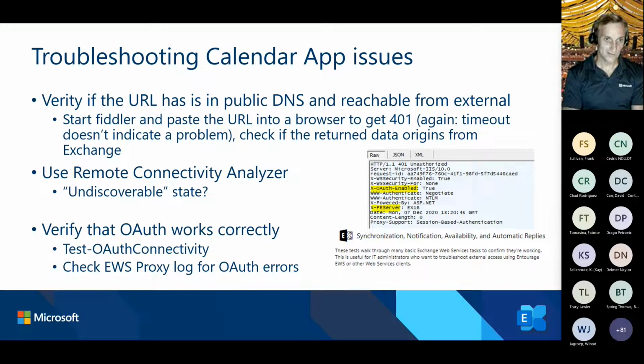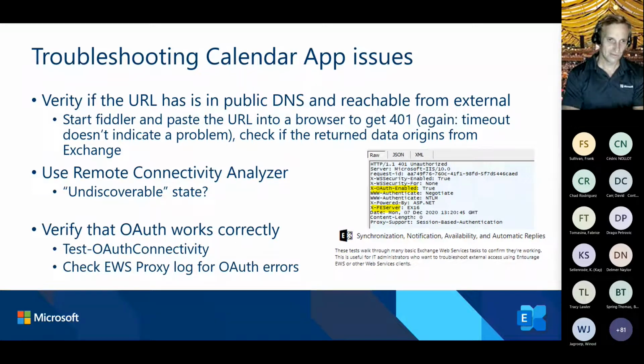And if it doesn't work, quite often the state in the Remote Connectivity Analyzer tool says undiscoverable. So undiscoverable might indicate that there's something wrong using the Autodiscover process, which is not necessarily the case.